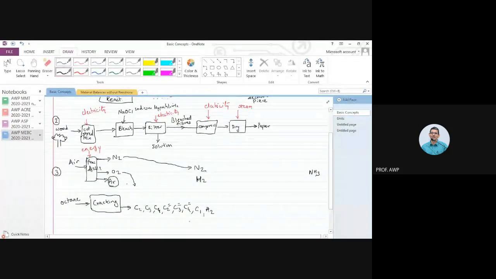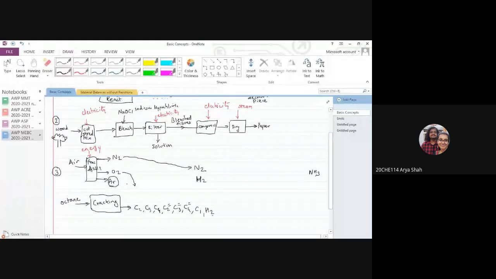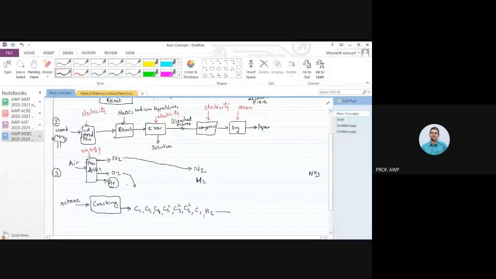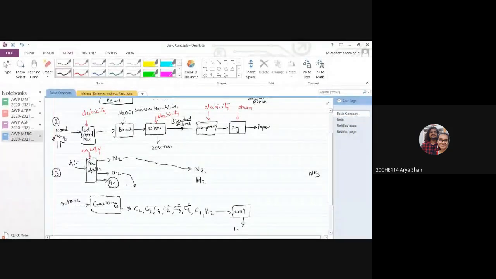Now how do you separate this hydrogen from this C1, C2, C3, C4? H2 is a gas. So by cooling them. Okay, cool it. Then what happens? The alkanes would liquefy at a higher temperature than hydrogen, so hydrogen would still remain a gas under pressure.